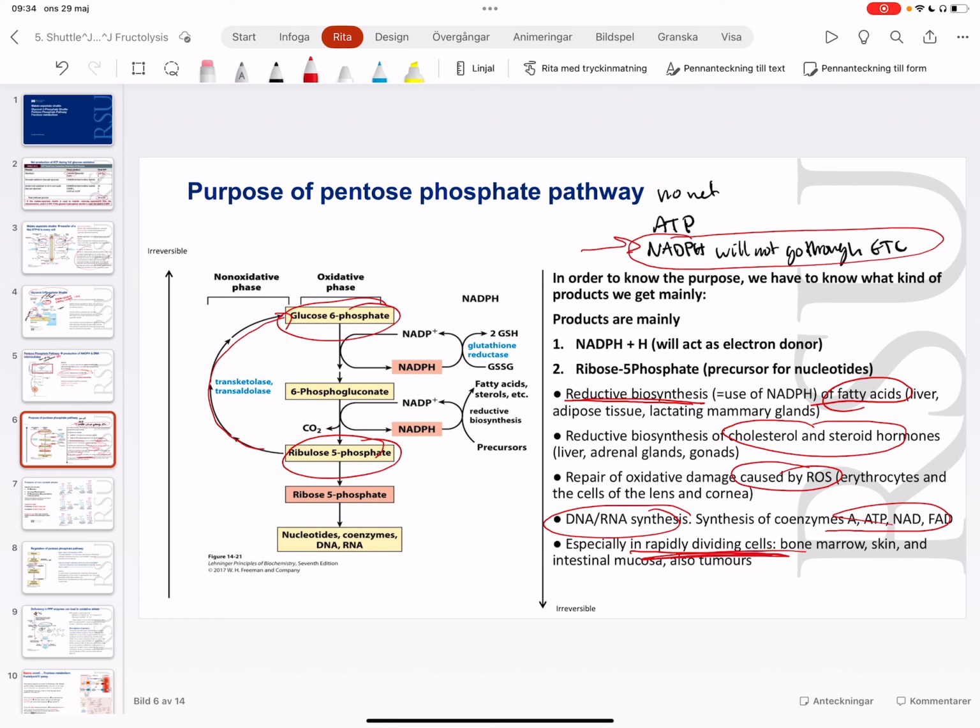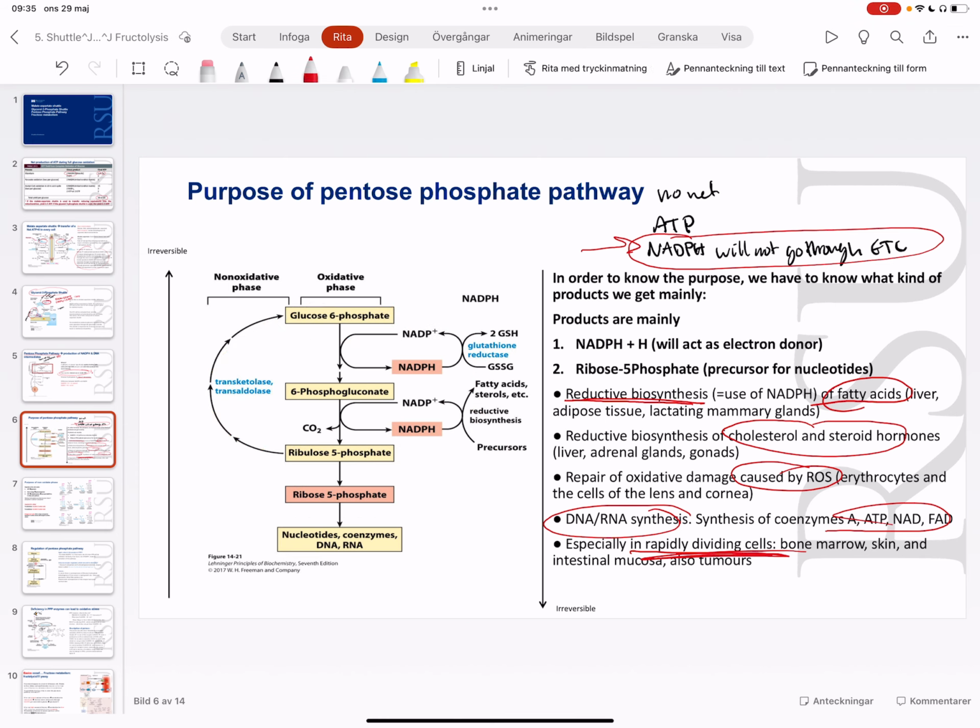And that's because maybe we only want NADPH. We don't want ribose 5-phosphate, because ribose 5-phosphate, as I said earlier, is good for the production of DNA, RNA, and ATP, NAD, FAD, and the coenzymes.